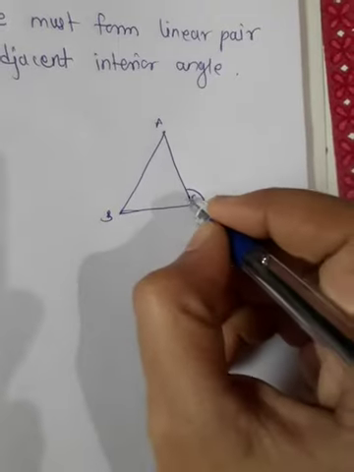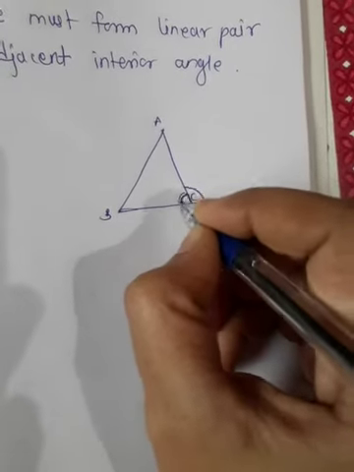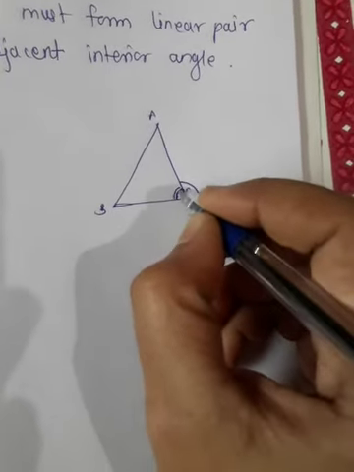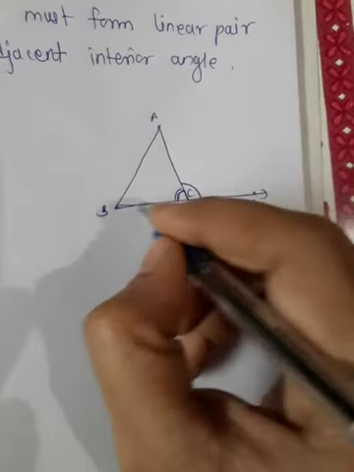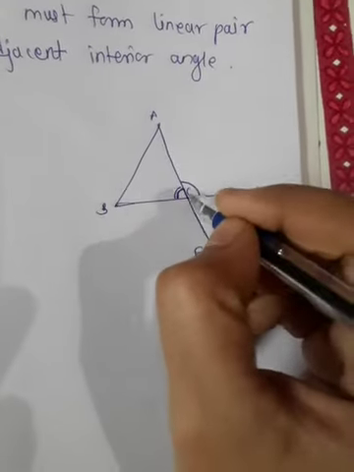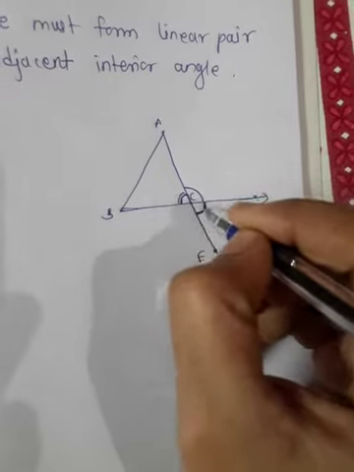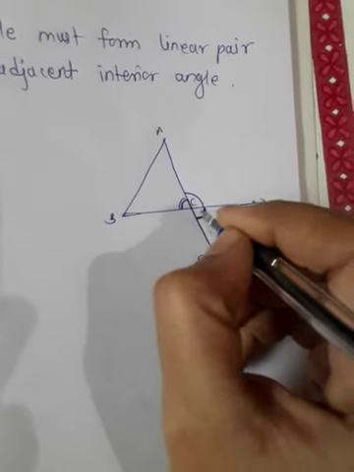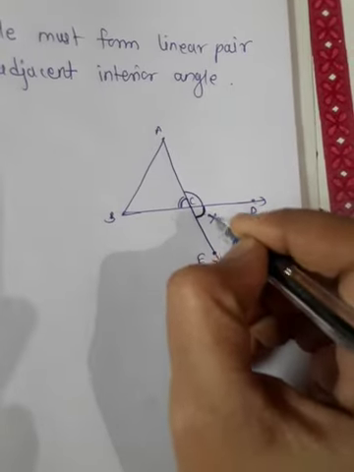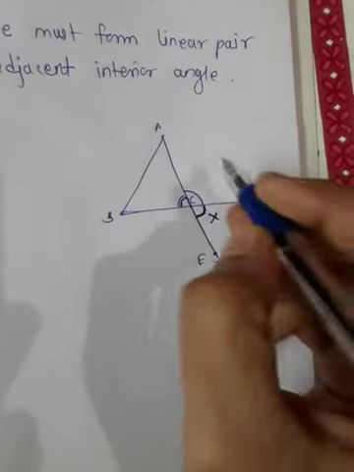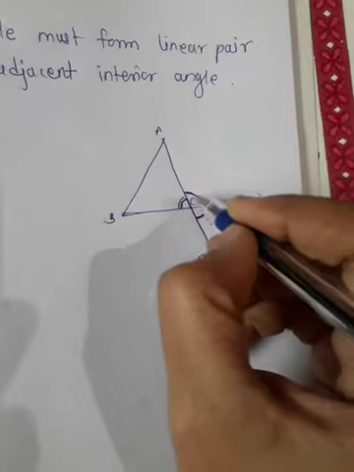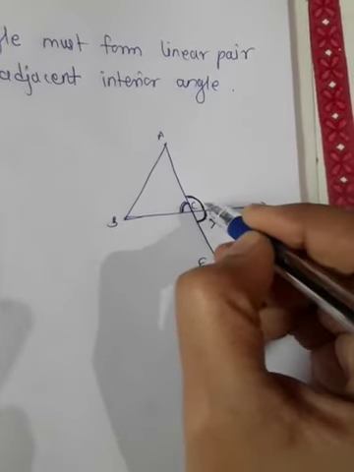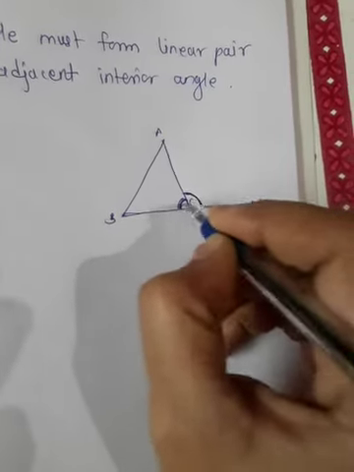This angle is opposite to interior angle ACB. It is not adjacent to an interior angle, so it is not exterior, but this angle is exterior because it forms a linear pair with the adjacent interior angle.